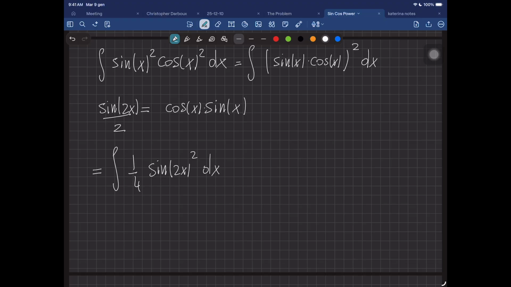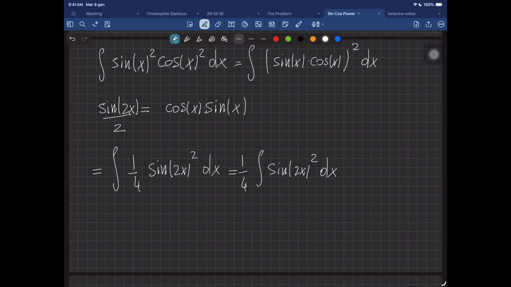It's actually time for us to do the double angle formula and write it down in terms of the cosine of 4x. So before doing that though, let's write it down as 1 over 4 times this integral, so the sine of 2x squared dx.